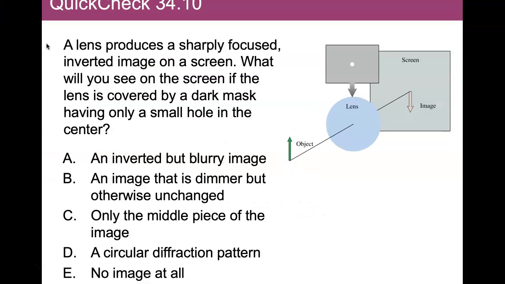Okay, here's another question. Again, pause the video, try to figure out the answer. We're covering pretty much all of the lens except we leave a small hole. So what should happen there?